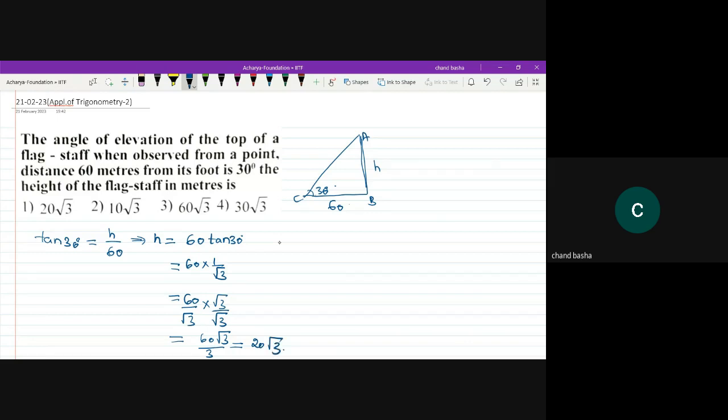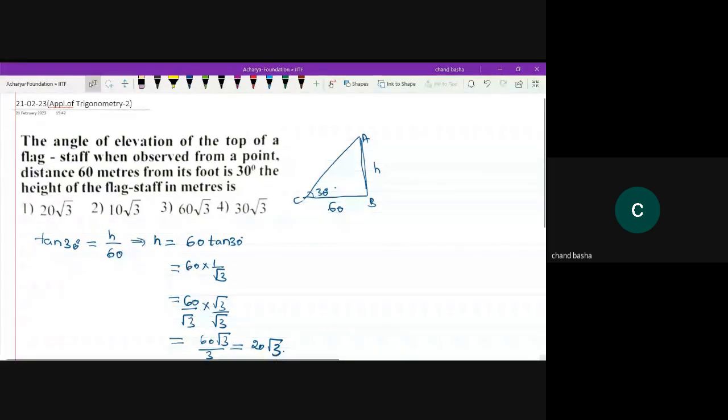Hope this question is clear. And for question number 2, you have to think over it, guys. I'll try to give the question. Problem number 2. Read the question clearly, and then you can proceed.